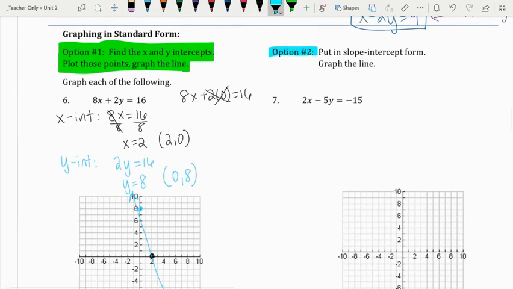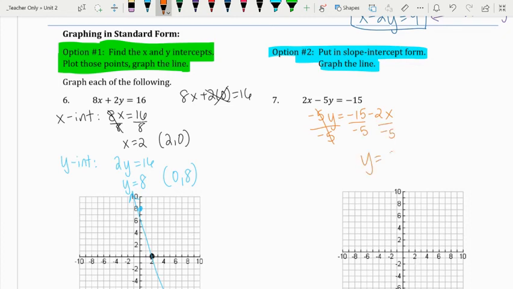Option 2, which is where most of you are probably going to go, is that you're going to put it in slope-intercept form and then graph it. So in number 7, I would subtract 2x and then divide by -5 and get y equals 3 plus 2/5 x.